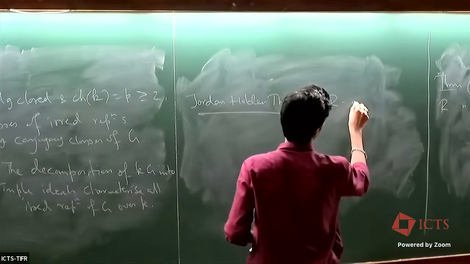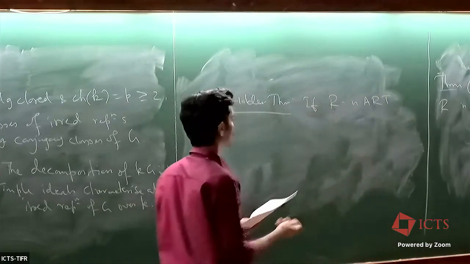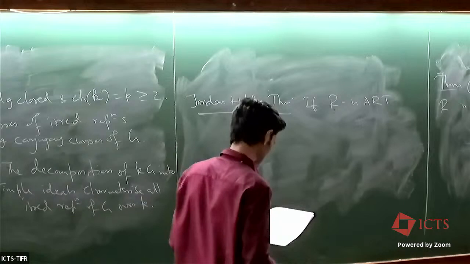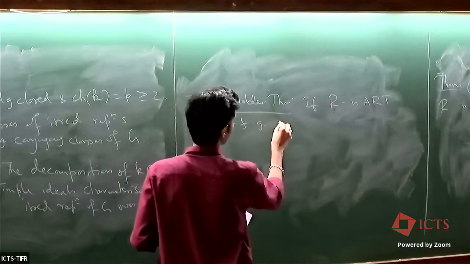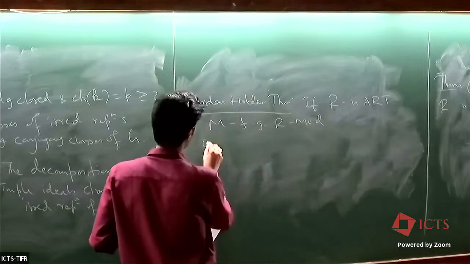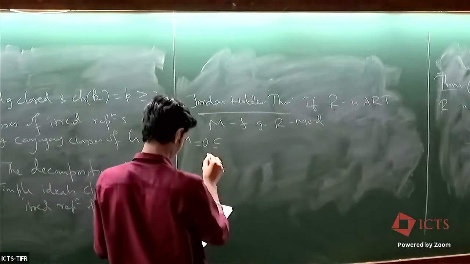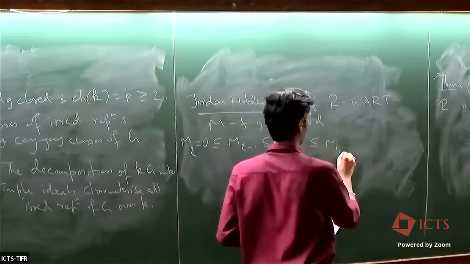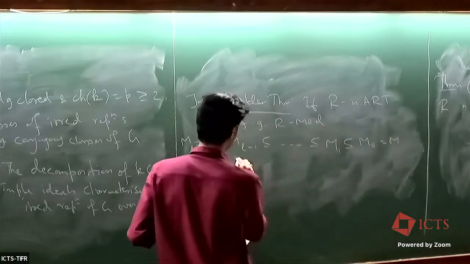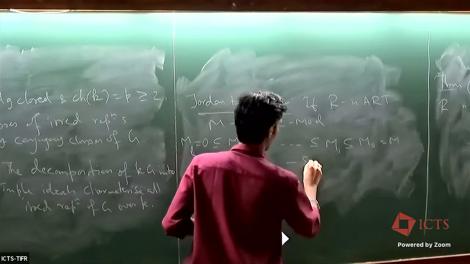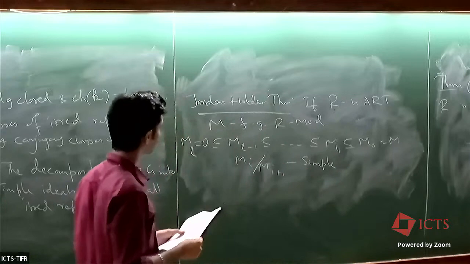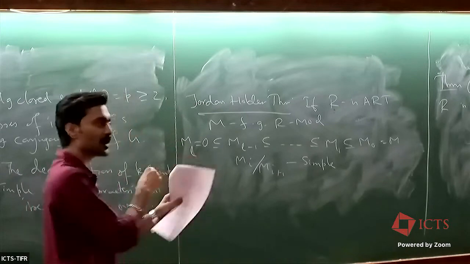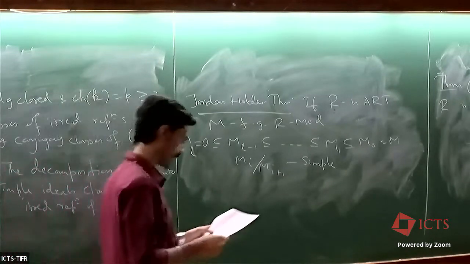If ring R is Artinian, that is, it has both DCC and ACC, descending chain condition and ascending chain condition, then for any finitely generated R module, we have a composition series, such that the successive quotients Mi by Mi plus 1 are simple, and if we take another composition series, that will have the same length and the successive quotients will only differ up to permutations. That means they will be isomorphic up to permutations.